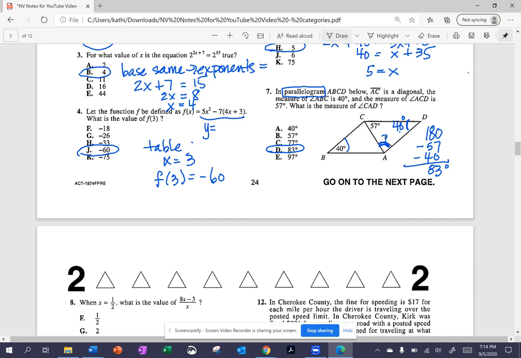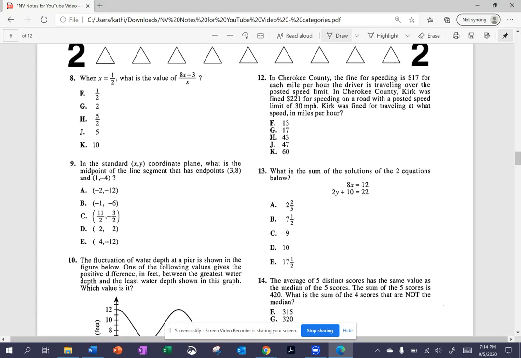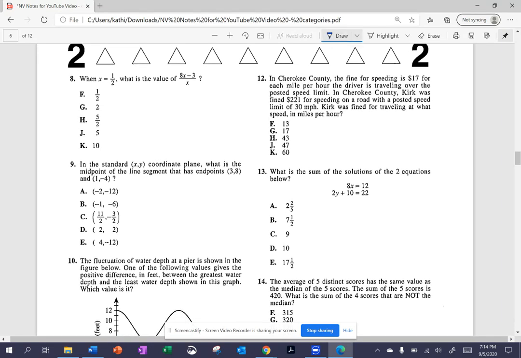All right, let's try number 8. When x equals 1/2, what is the value of 8x minus 3 divided by x? So this is in my calculator. I want to use my fractions.